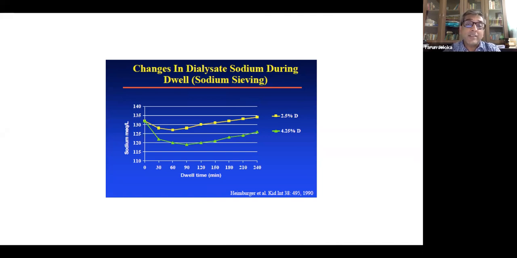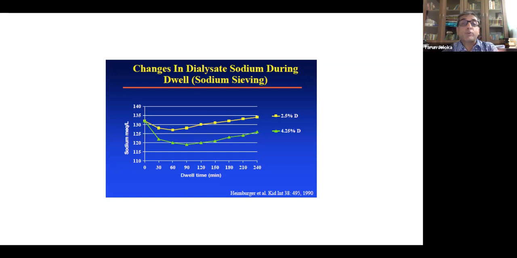The sodium level which is present in the dialysate, mark it, right now I'm talking about dialysate, gets diluted with this water, and the sodium concentration goes down in the peritoneal fluid. On the contrary, what happens in the blood? Since the water leaves the blood compartment, there might be transient hypernatremia in the blood.